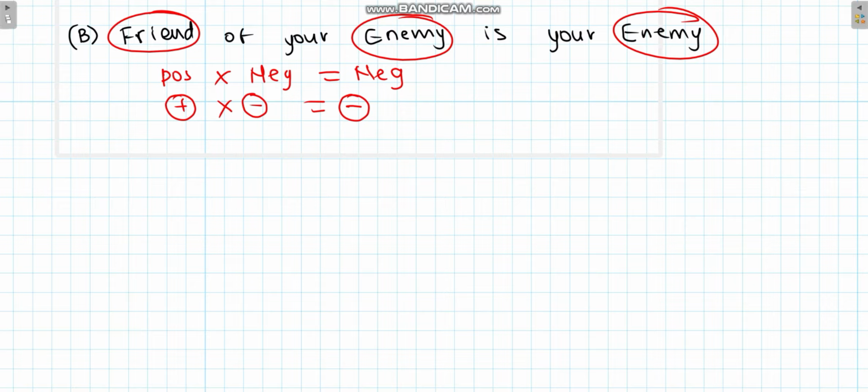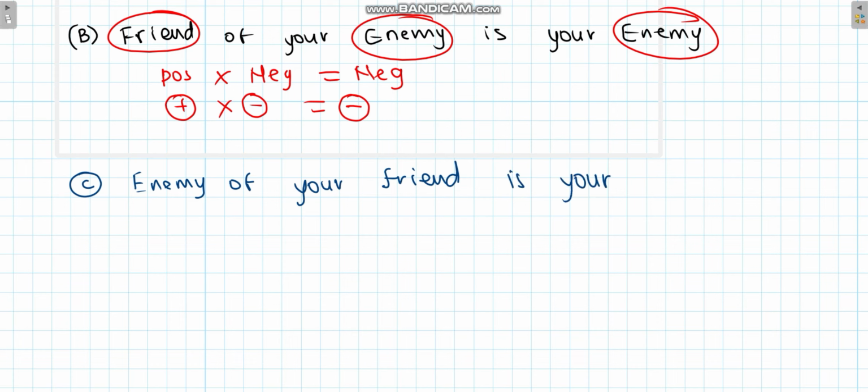Okay. And then now let's check. We'll now say an enemy of your friend. An enemy of your friend is what? An enemy of your friend is your enemy also.